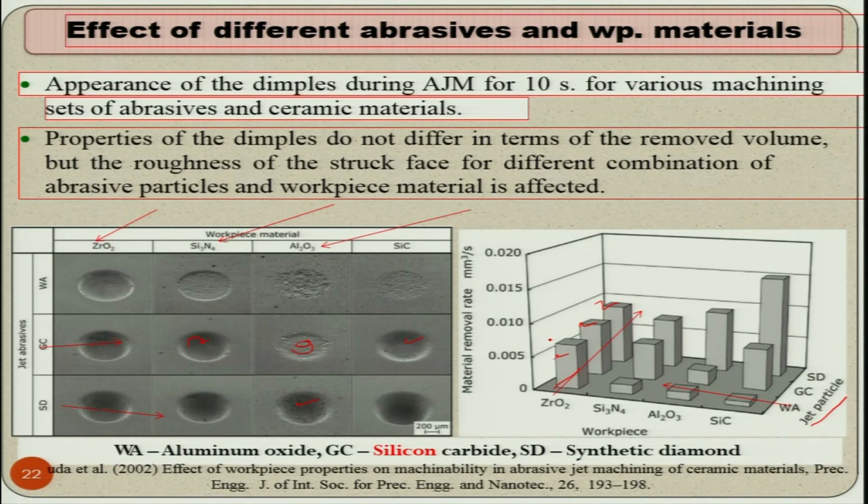Again, in the case of Si3N4, different material removal rates are obtained with different abrasive particles. The same is true for Al2O3 and SiC. In SiC, you can see in the case of SD very high material removal rate, while in the case of WA very small material removal rate.